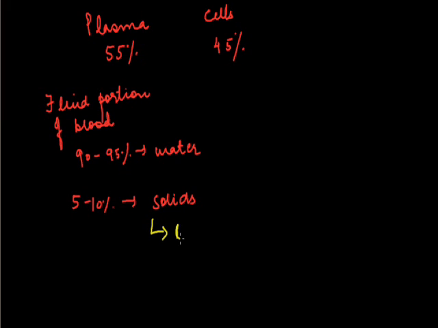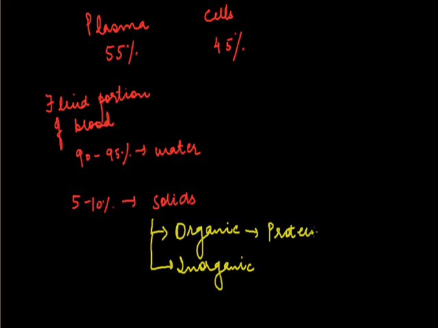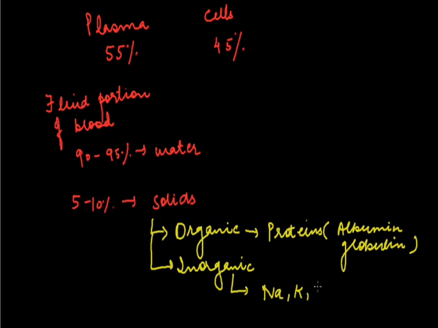It may be organic and inorganic. The organic portion comprises proteins like albumin, globulin, etc. And the inorganic portion will comprise sodium, potassium, magnesium, chloride, and the list goes on.